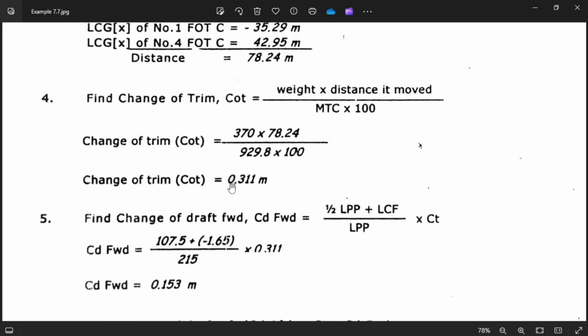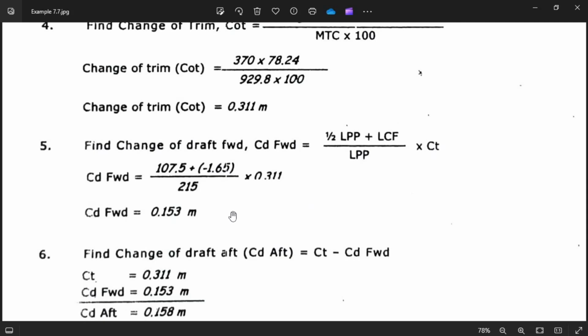Change of trim is 0.311. You do the computation and your change of draft forward will be 0.153 meters. That will be your change of draft forward.